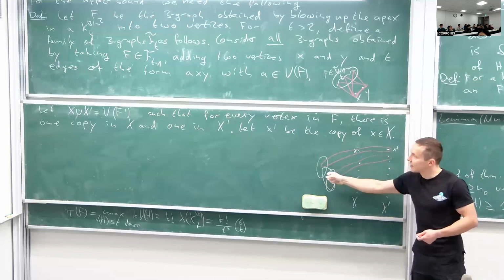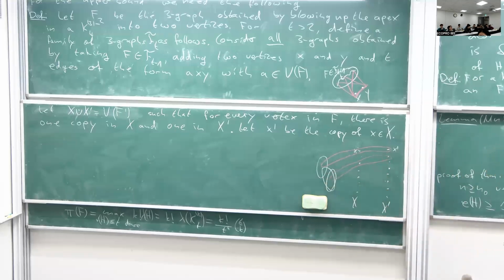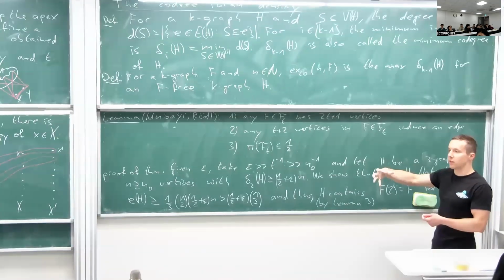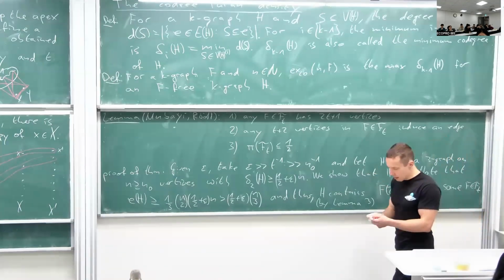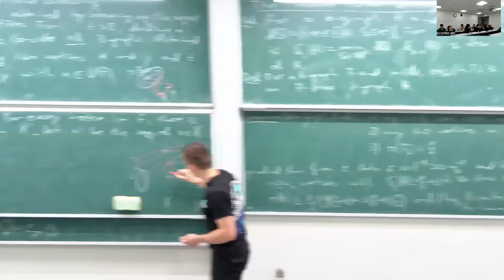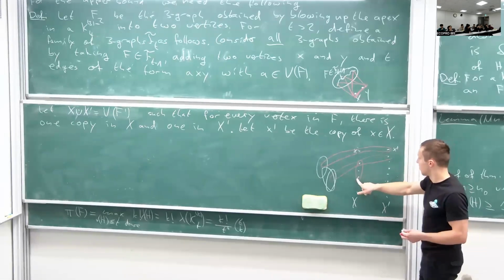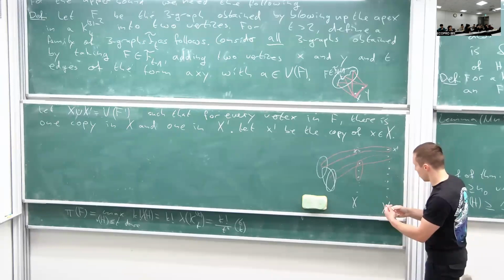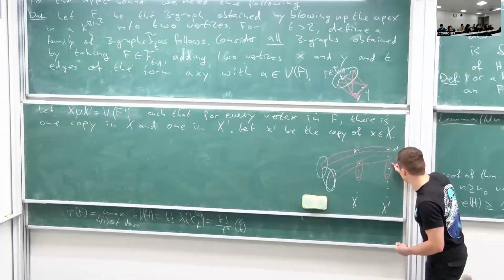Okay, but if it lies in many of them, so many meaning t plus 2, then those t plus 2 vertices will induce an edge. So an edge here is, of course, not only this edge, but we have the same edge over here in the copies.